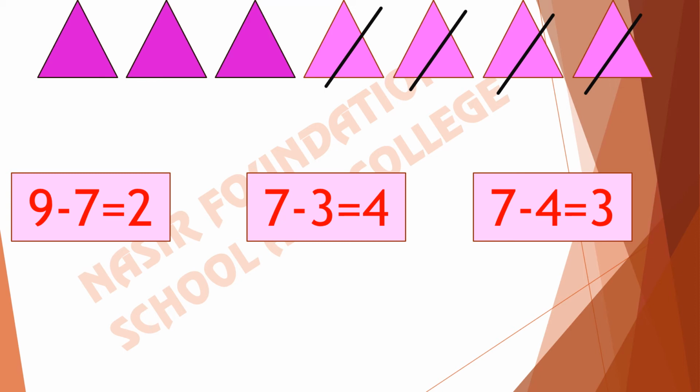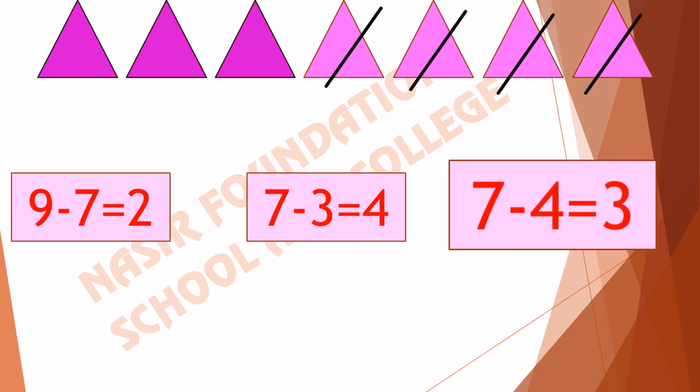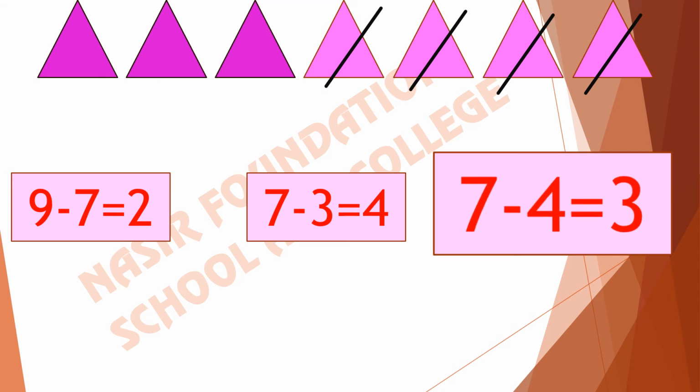This matches with the last option. Out of 7, we are subtracting 4 and we are getting 3. If we subtract 4 from 7, we are left with 3.